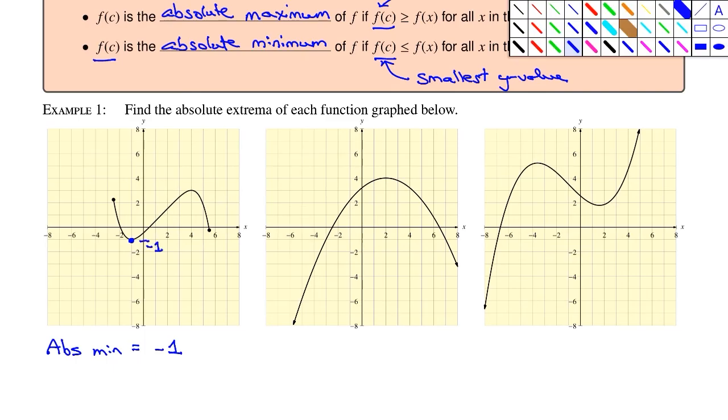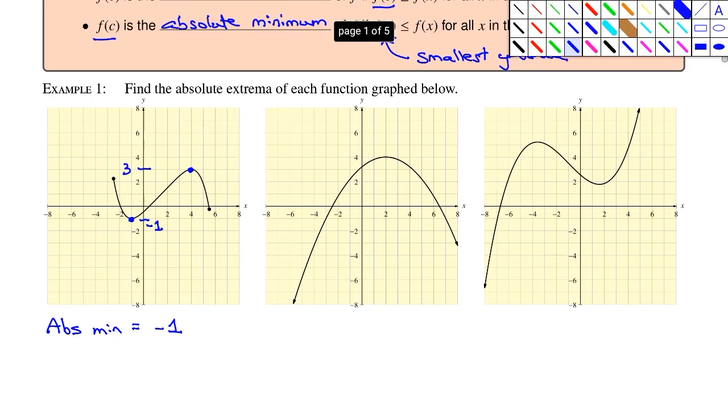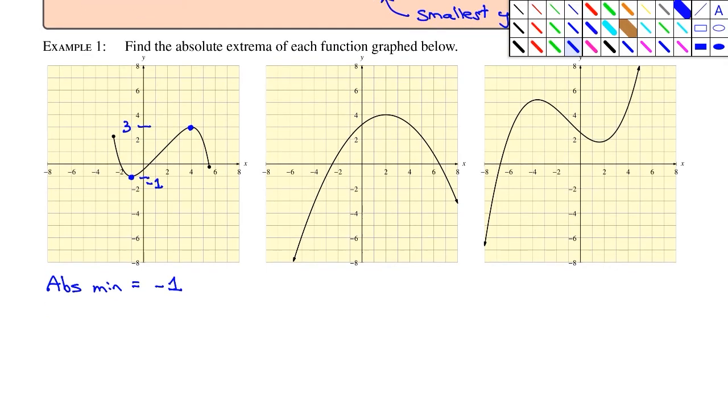-1. And then what is the largest y value? Well, that occurs right here, and that's at 3. So what we can say is that the absolute minimum value is -1, and we'll put in parentheses here, that it occurs at x equals -1 as well.